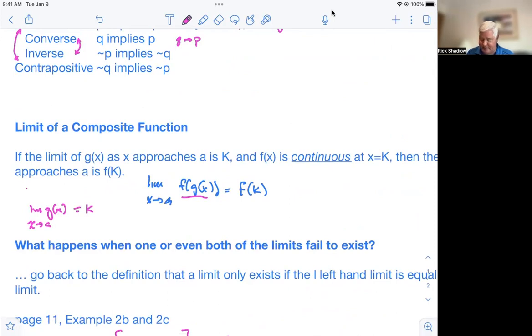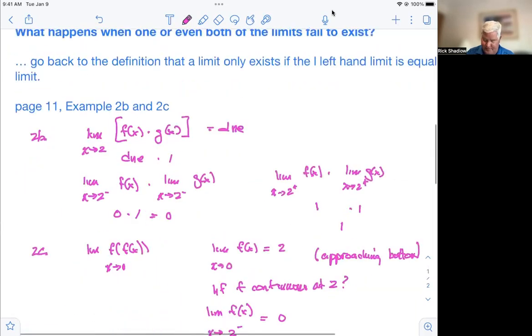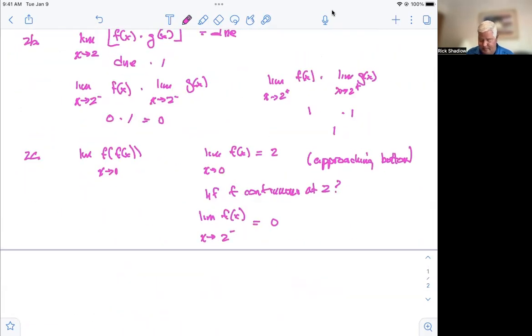We know if it's continuous and the outside limit exists, then I can evaluate it this way. But this, again, remember, is a scenario where the limit as x goes to 2 doesn't exist, but I can still evaluate the limit.